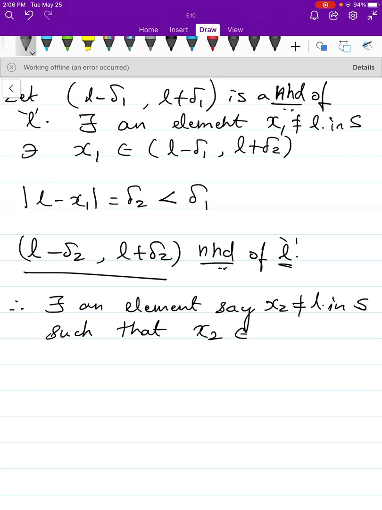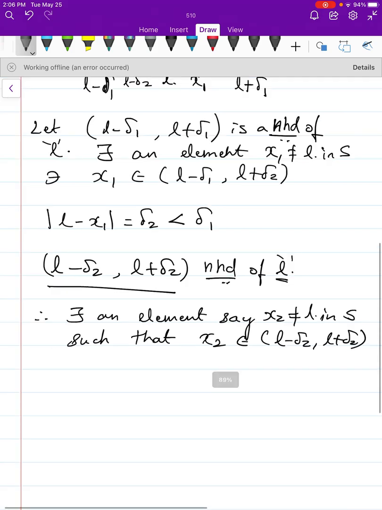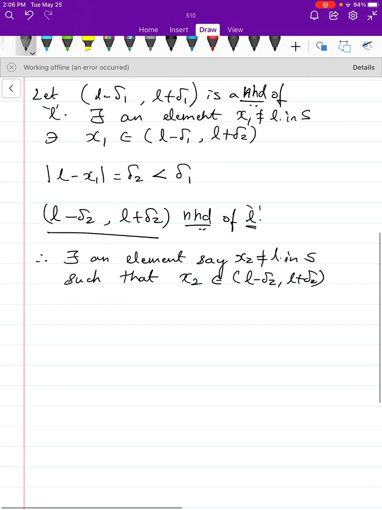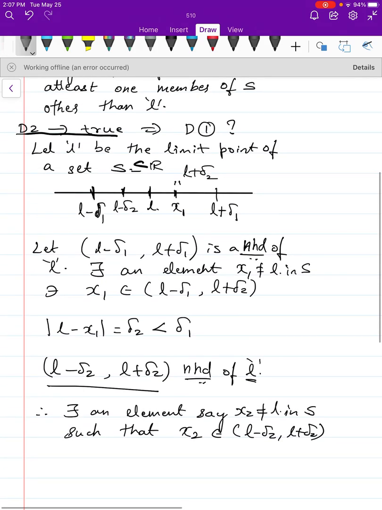So x2 will belong to L minus delta 2 comma L plus delta 2. In that case, you have your x2 here.